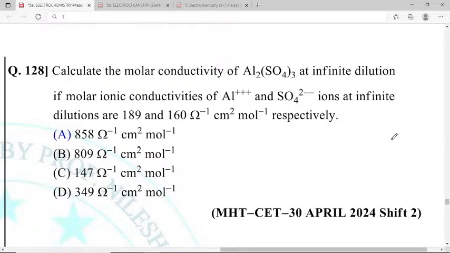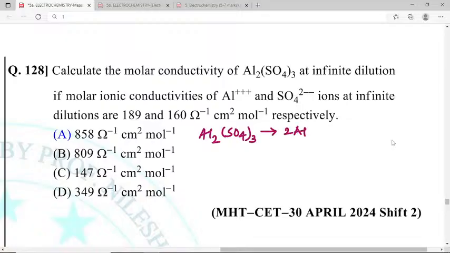Next, calculate the molar conductivity of aluminum sulfate. So first write the reaction. Al2(SO4)3 gives 2 Al3+ plus 3 SO4 2-.